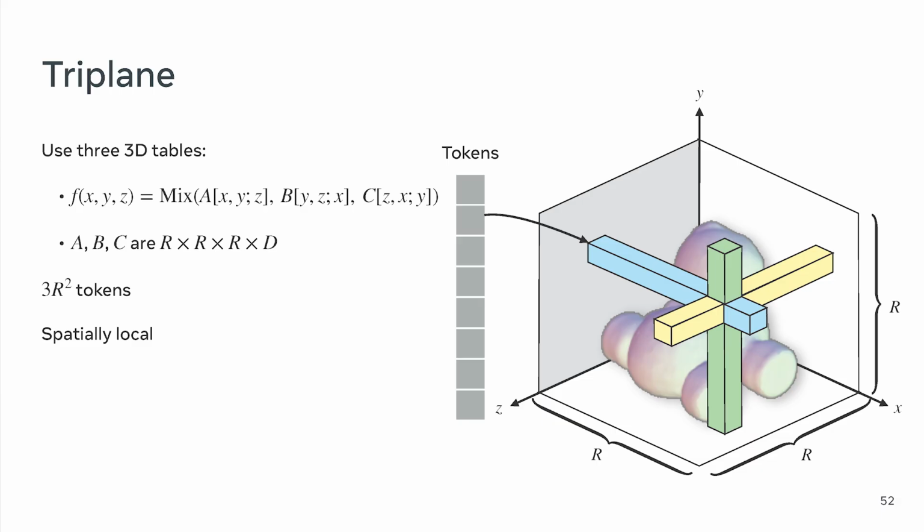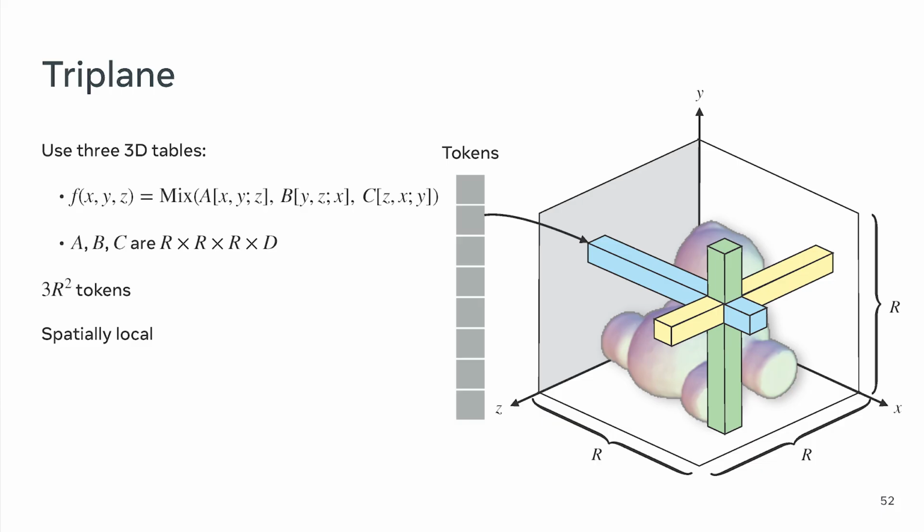Another thing you can do is to use triplane representation, in which case you end up projecting information down to the 3 different planes. And now you have one token for each one of the squares in which you have broken down these planes. So instead of being cubic, it's quadratic in the resolution of your voxel space. So being R cubed is R square, okay?